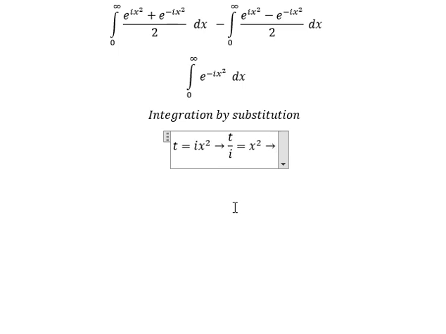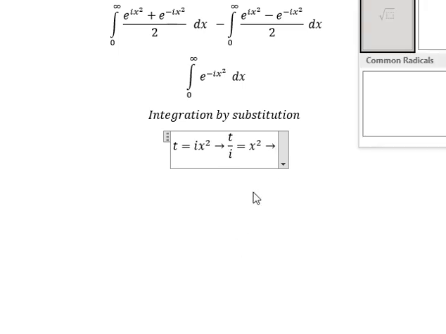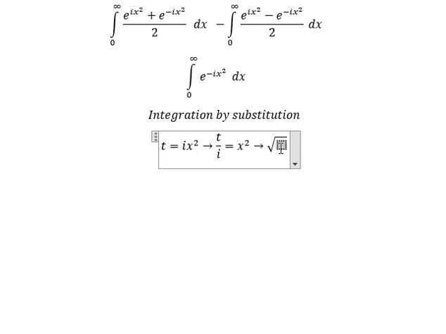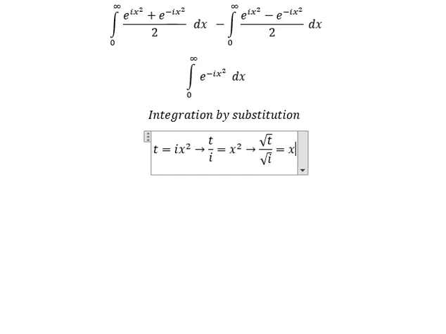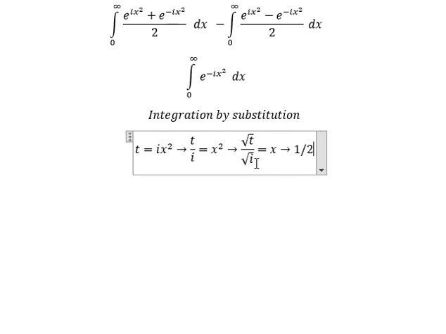Next, we put the square root for both sides. Next, we need to do the first derivative for both sides, and we have like this.